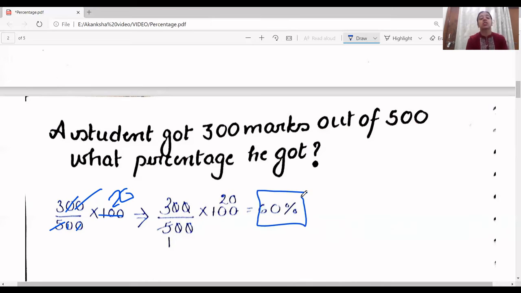So that is 60%. So that student has got 60%. Okay, so this is very easy. So next time when somebody tells you that I have got 400 out of 600, what I'm going to do is 400 upon 600 into 100, and that is going to help you in finding out the percentage of that person. Okay, so can we move ahead?